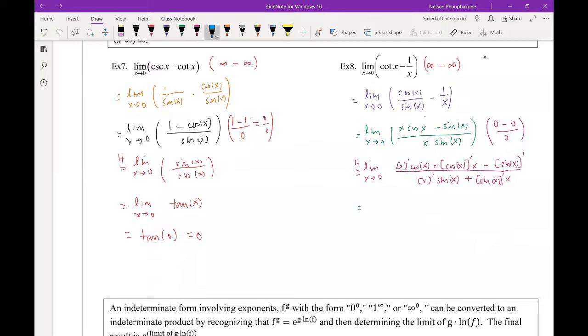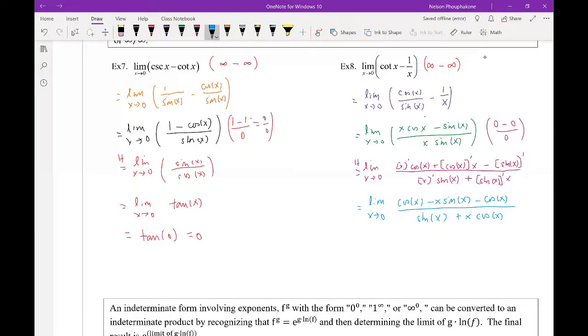Now let's try to simplify this. So I will have cosine of x minus x times sine of x minus cosine of x, all over sine of x plus x times cos of x.